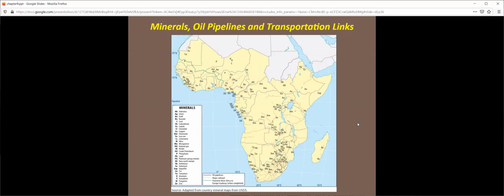Here you can see a smattering of all the different minerals and mines that cover Africa. And these major railways and oil pipelines were built more or less exclusively for the purpose of transporting the mineral resources of Africa to the coast to be shipped out.